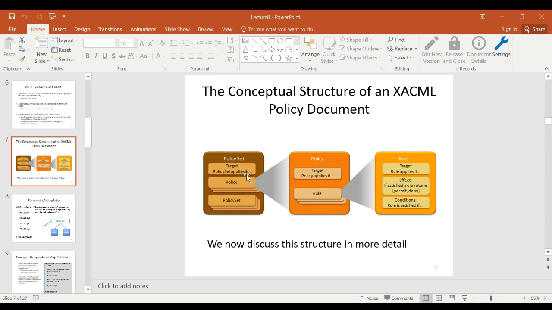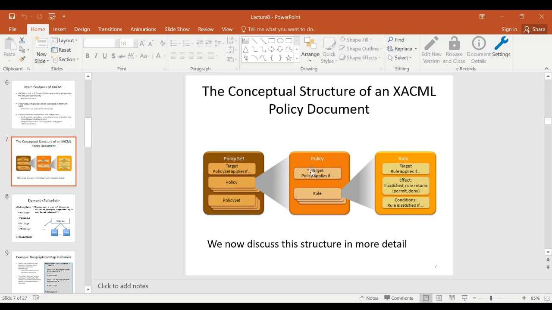And you can use the same idea again at the level of a policy set. If all these policies that you're writing have the same targets, then you can extract that and abstract it to put it at the level of a policy set, which means that all these policies share the same target.